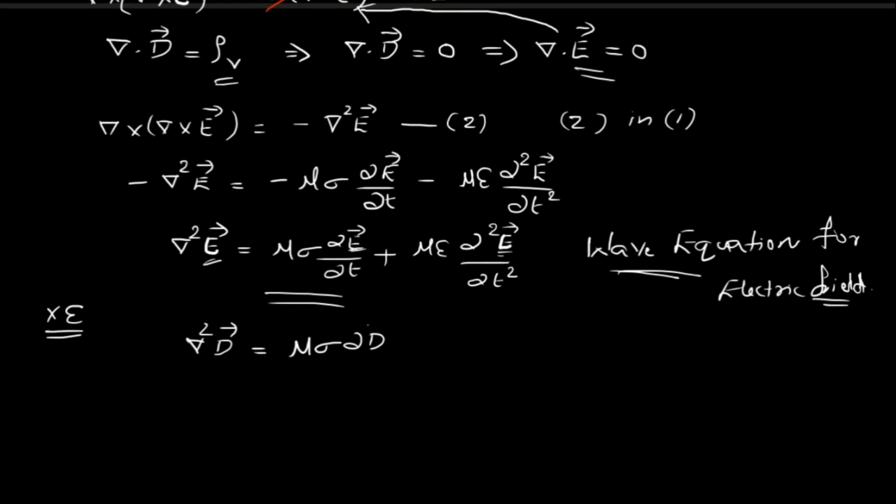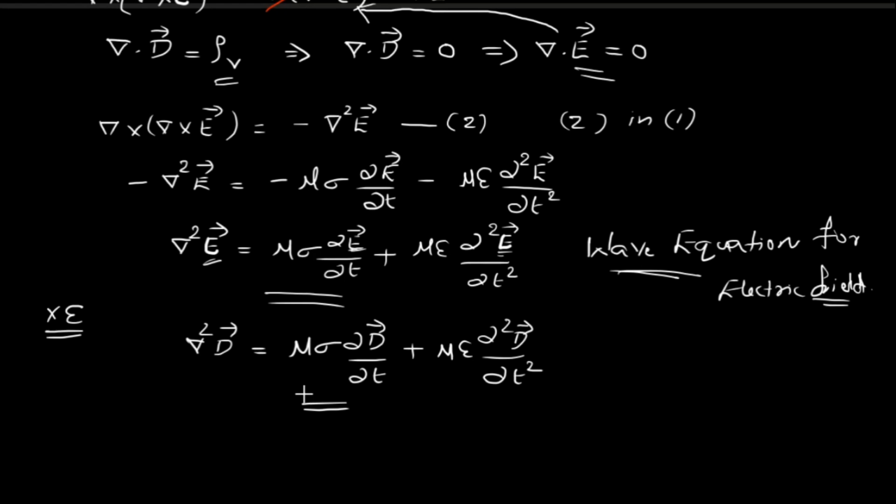The effect is just replacing the E vector with the D vector; otherwise the whole equation remains the same. Mathematically it is possible because I multiply epsilon on both sides. So I get two variants of the wave equation for electric field, both representing the same wave equation.